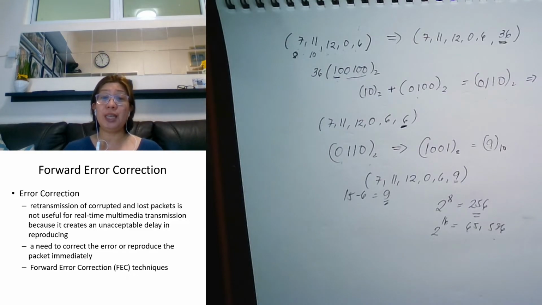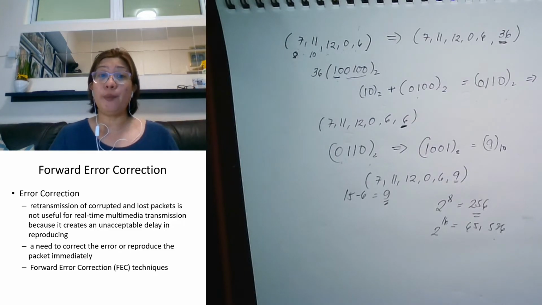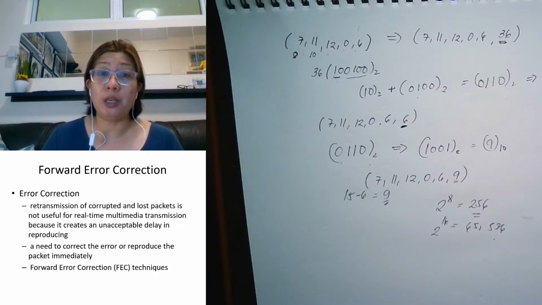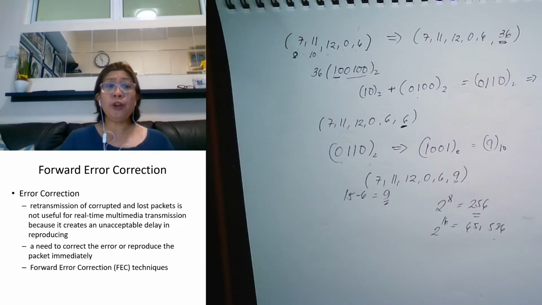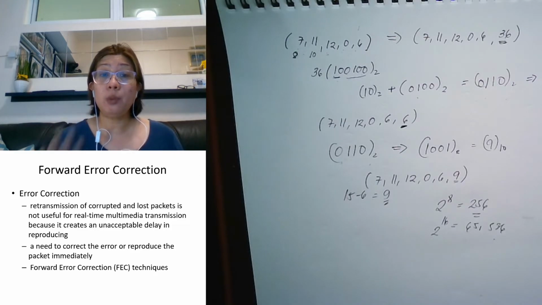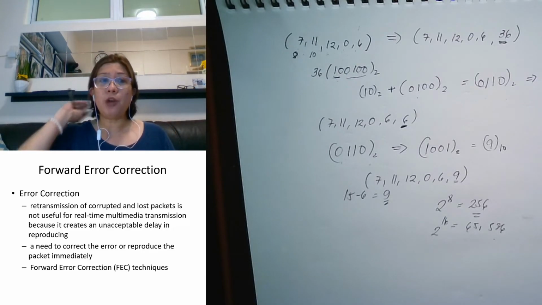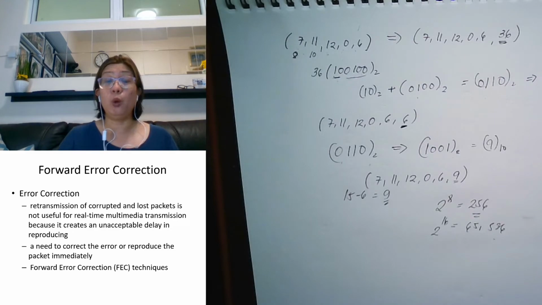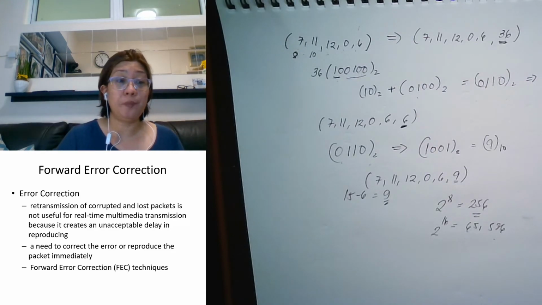If we detect an error, either there was an error in the message itself, or the message was lost, the most logical way is we just retransmit. So the first is retransmission, and the other one is forward error correction.